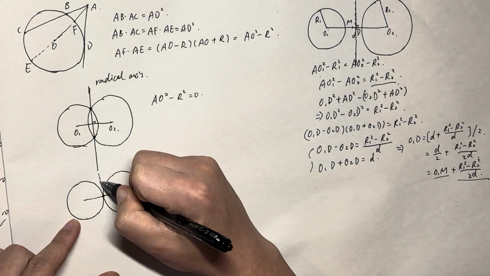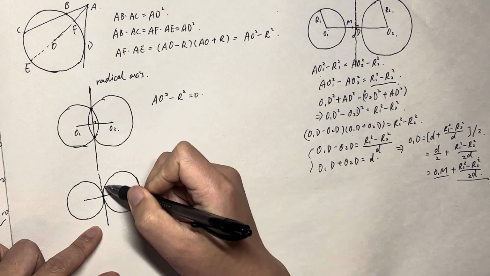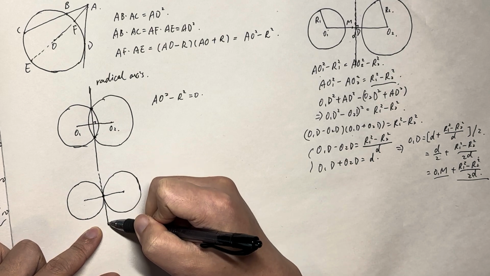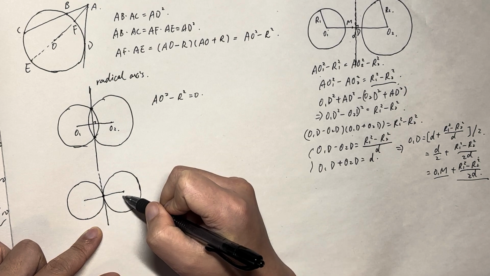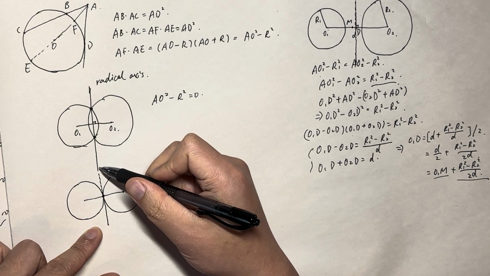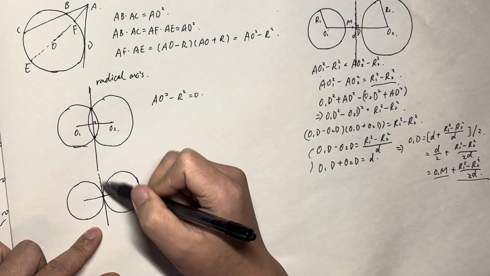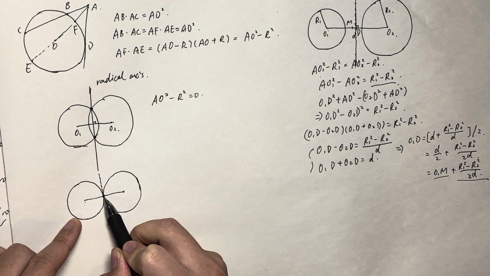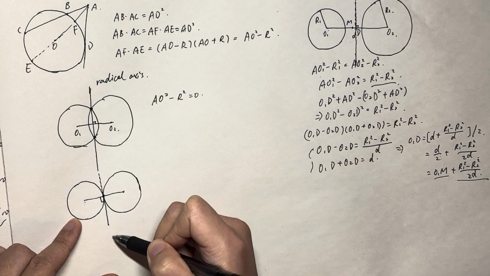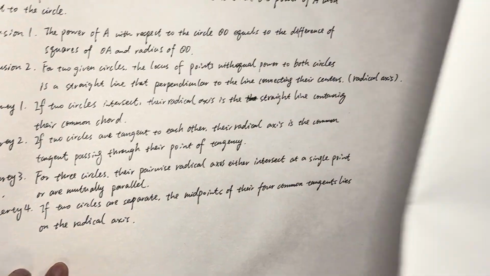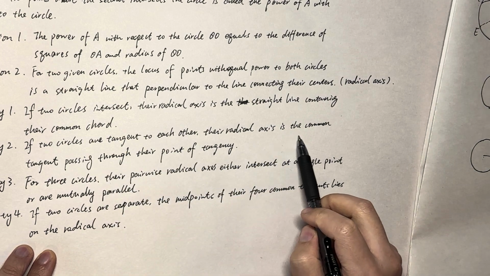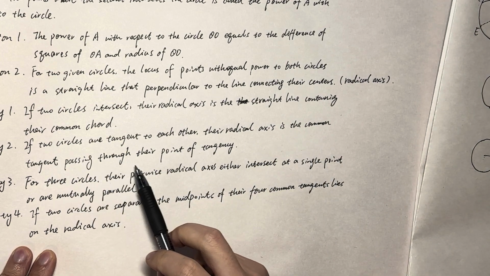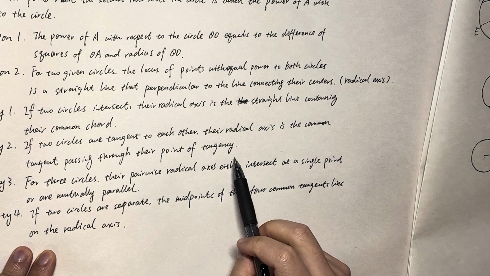So if we connect O1, O2, we draw a line passing through the tangent point and also perpendicular to O1, O2, that is the radical axis. And since it's perpendicular to the O1, O2 connection, so here is 90 degrees, then we know this is a tangent line, right? So that's for the second case. If two circles are tangent to each other, the radical axis is a common tangent passing through their point of tangency, right? Let's just look at the fourth first.